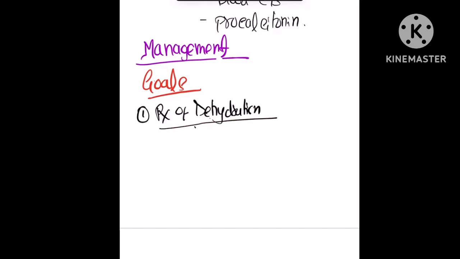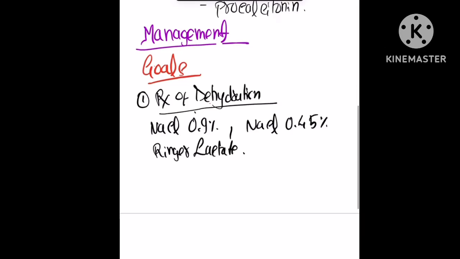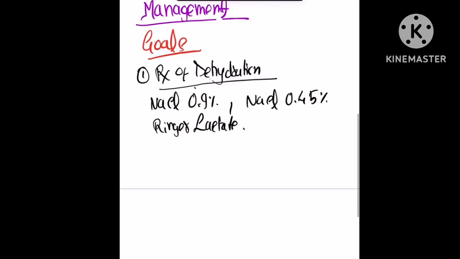Now, how do I treat this dehydration? I have three things. One is sodium chloride, 0.9%. Another is sodium chloride again, but 0.45%. And another is Ringer lactate. Most places start the fluid resuscitation with sodium chloride.